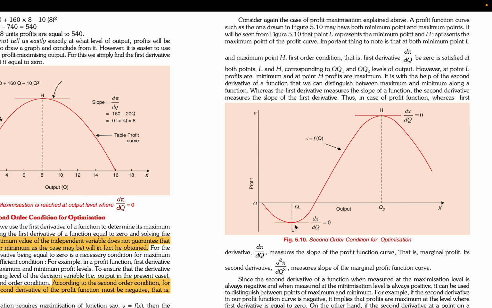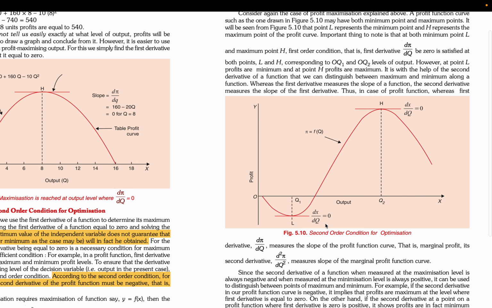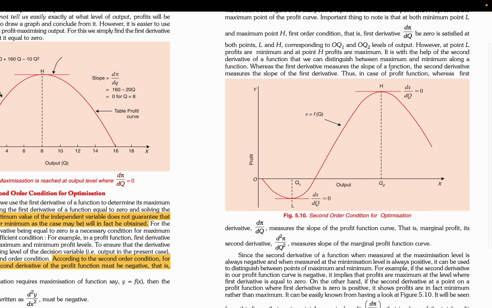It's parallel to the x-axis, so the slope is going to be 0 in both cases, which is where the problem is arising. This corresponds to OQ1 and OQ2 levels of output. However, at point L, profit is minimum, and at point H, profit is maximum.